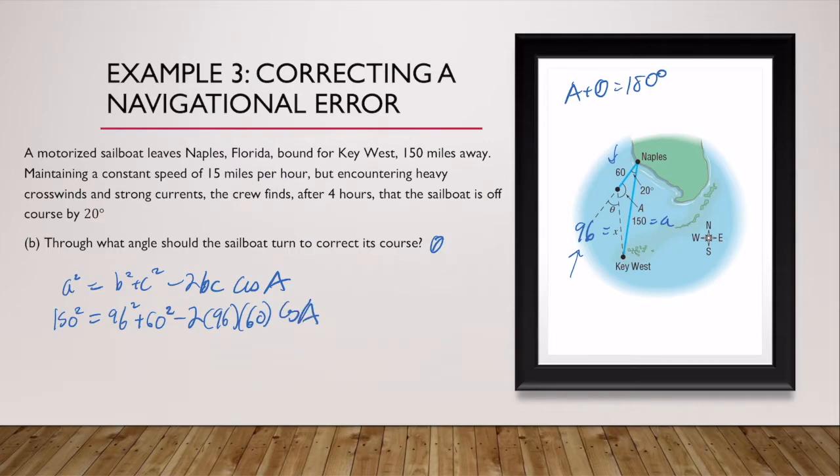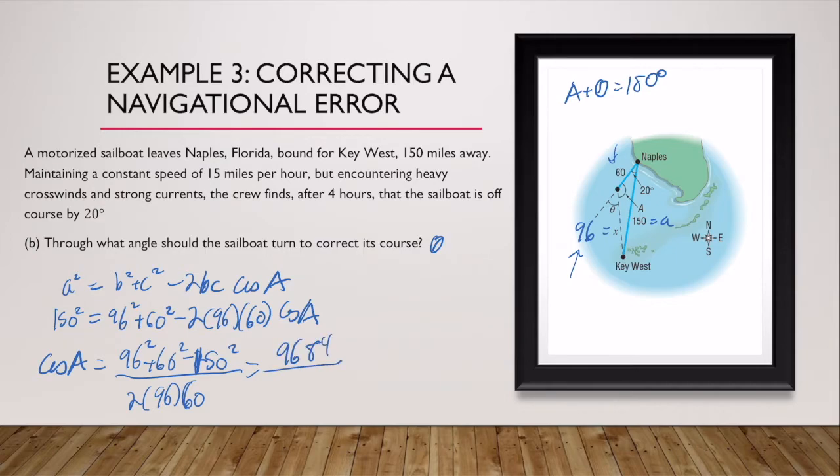So I go ahead and get that cosine A equals 96 squared plus 60 squared minus 150 squared over 2 times 96 times 60, which turns out to be negative 9,684 over 11,520, which is negative 0.840625.